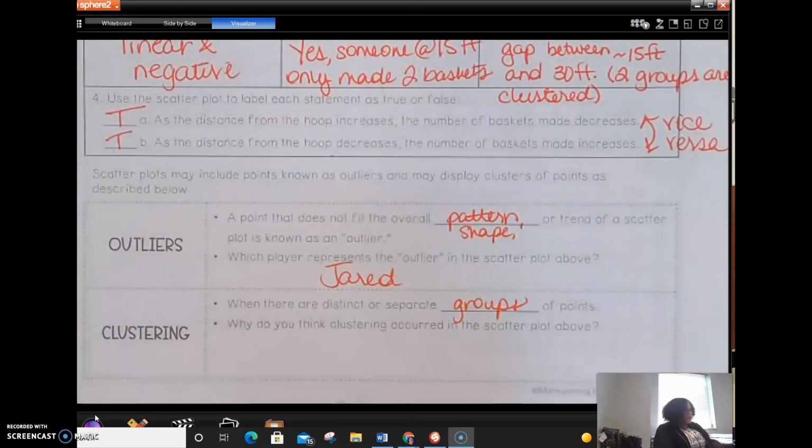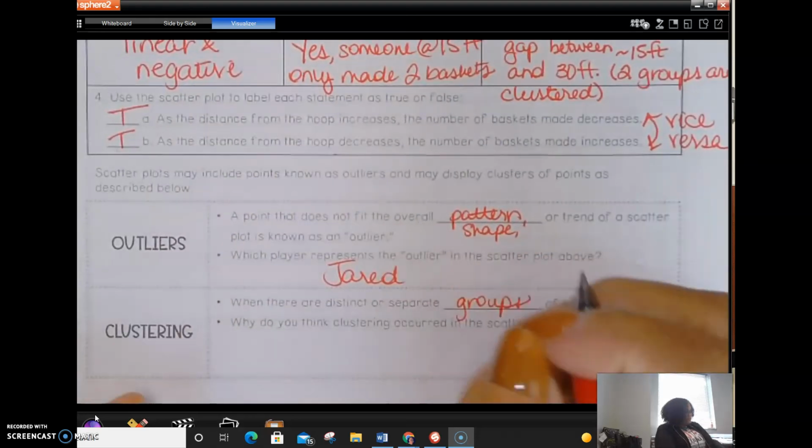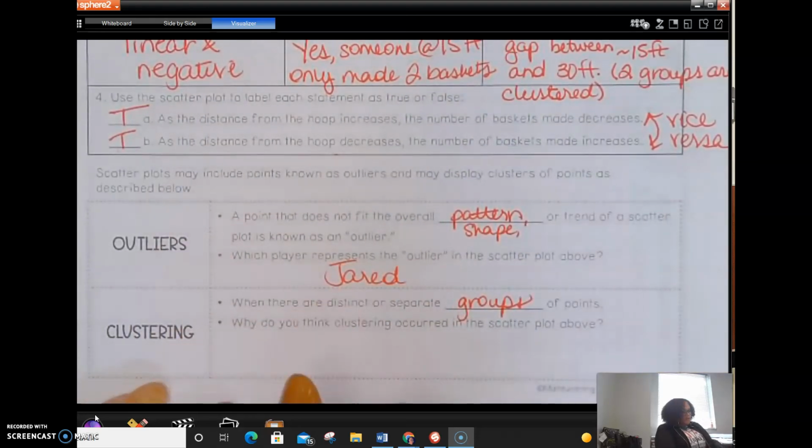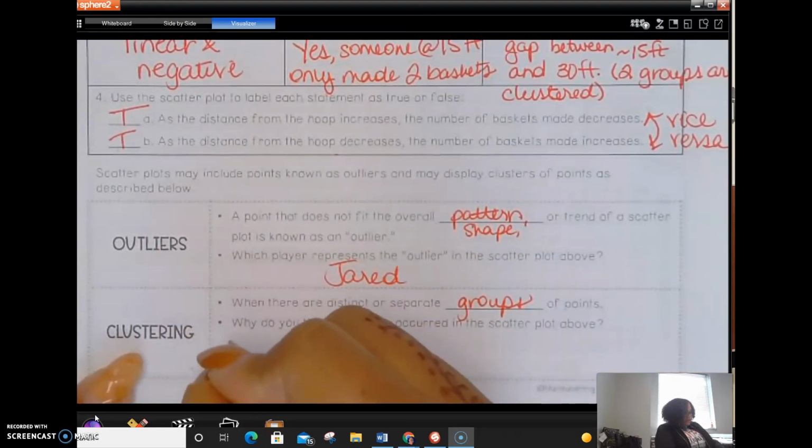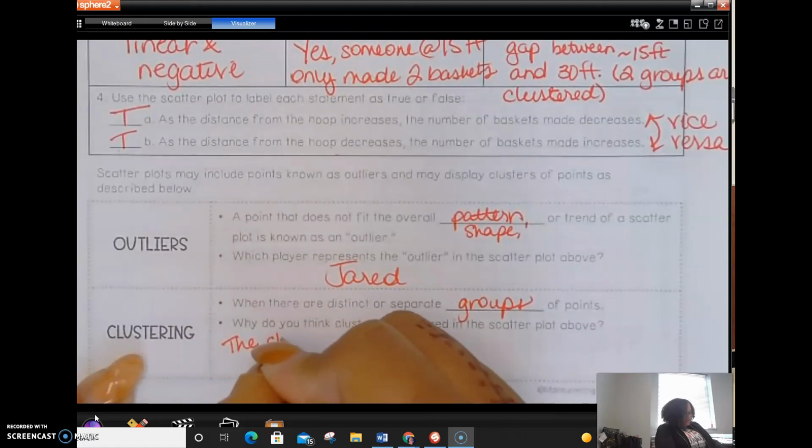Clustering is when there are distinct or separate groups of points. Why do you think clustering occurred in the scatter plot above? Well, the clustering appeared because the closer you are to the net, the more likely you are to make it.